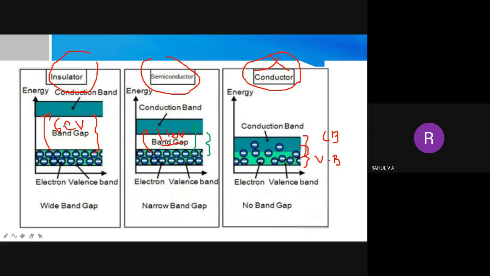I was telling that the band gap energy between conduction band and valence band is 6 electron volt in the case of insulator, around 1.1 electron volt in the case of semiconductor, and in the case of conductor the conduction band and valence band overlap each other, and there are a lot of free electrons available in the conduction band.